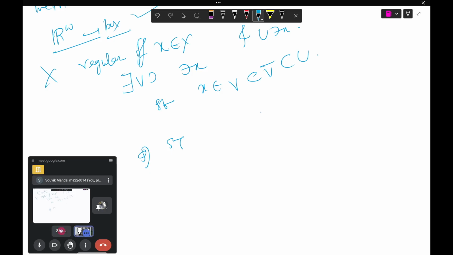Yes, because if you go through the proof of this characterization, this proof does not use the Hausdorff property at all. So without any second thought, you can assume that regularity and this condition are equivalent.